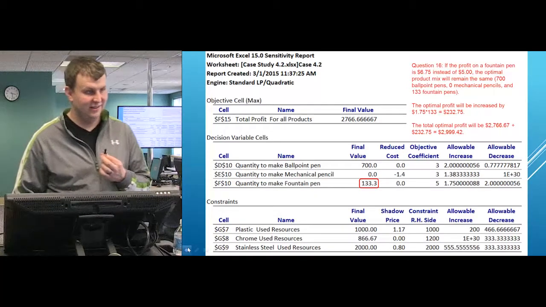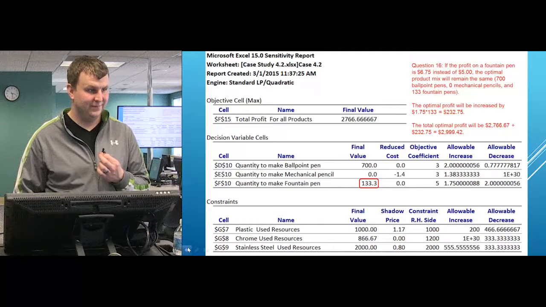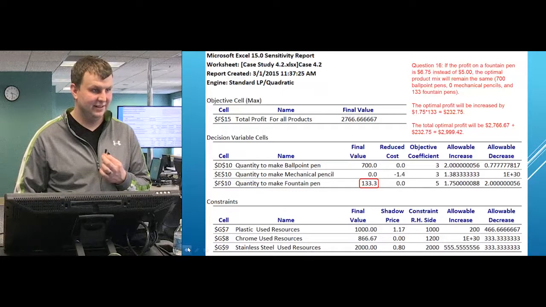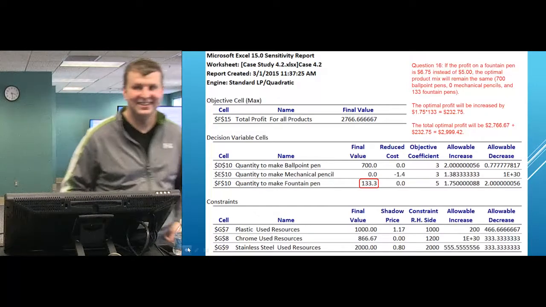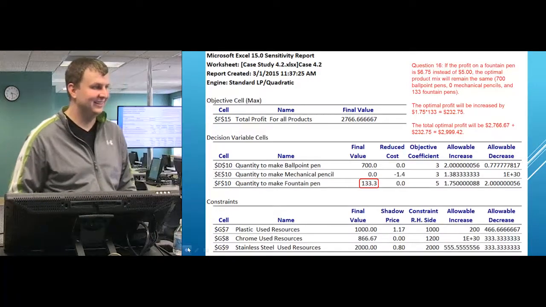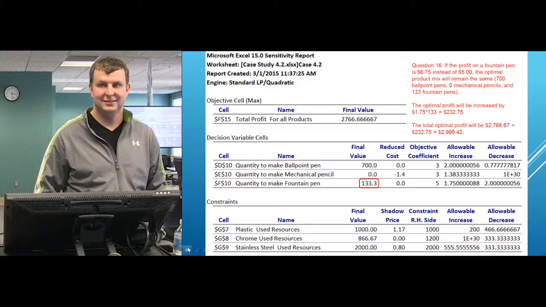If you just think about the allowable increase of 1.75, and this is exactly what it's increased, right? So what do you guys think if suppose there is no 88 at the end, so the allowable increase is just 1.75, 0.00000.